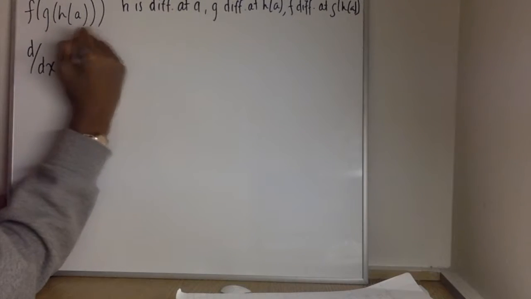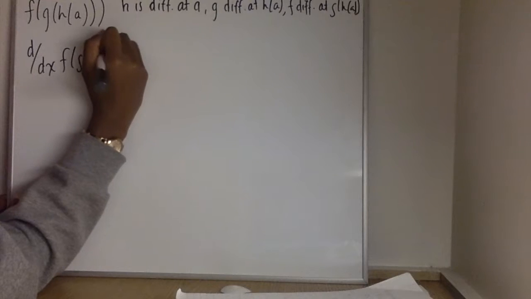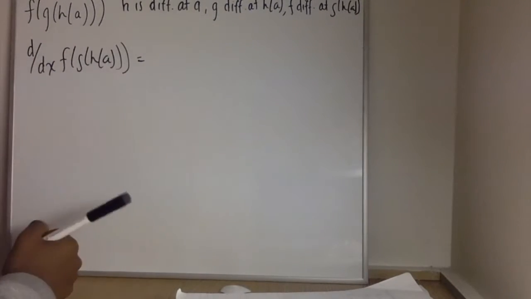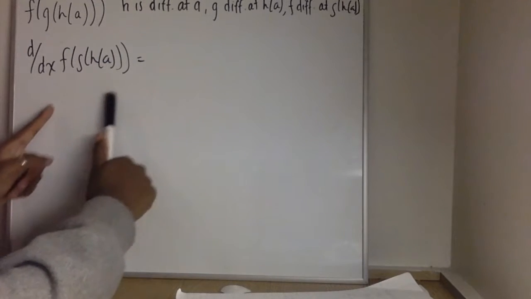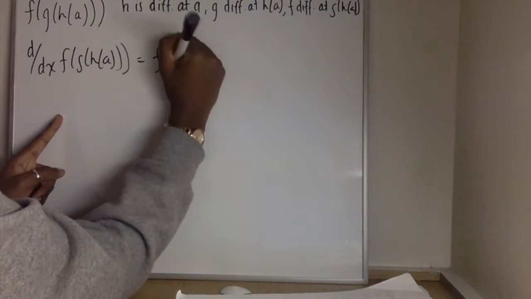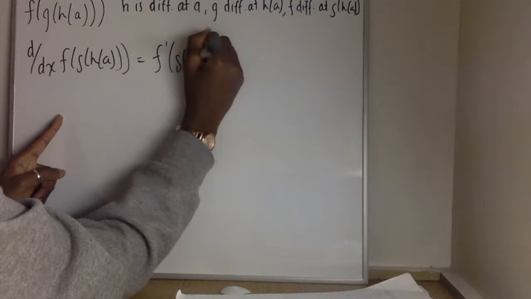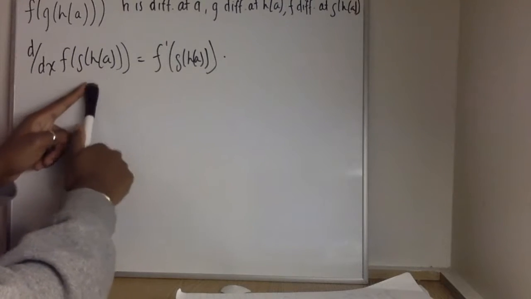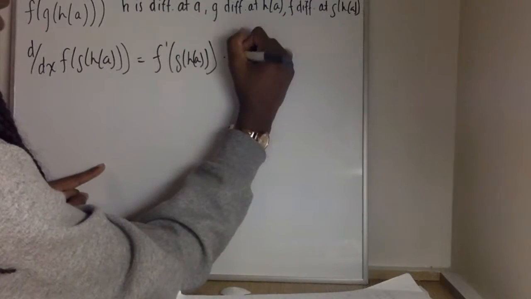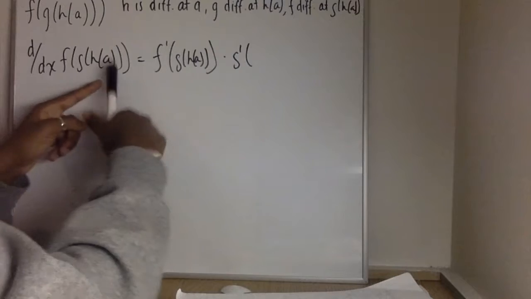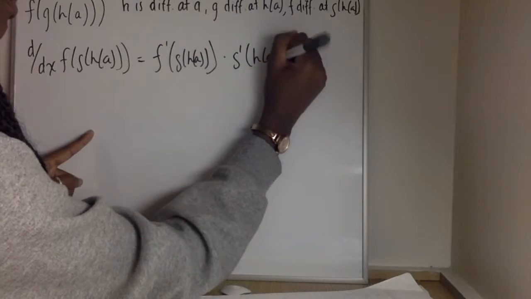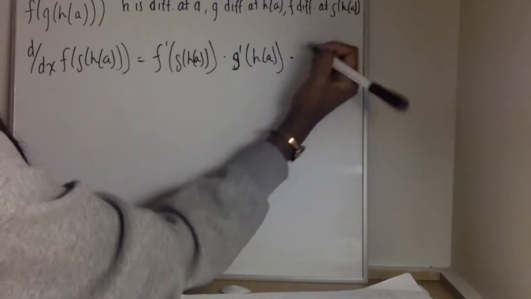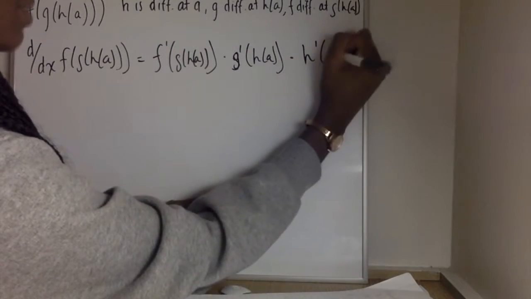So the derivative of f of g of h of a is going to be equal to, using the chain rule, we're going to take the derivative of the outermost function with respect to the inner function, multiply that by the derivative of the next outermost function at its inner, times the derivative, that is a g, times the derivative of the innermost function.